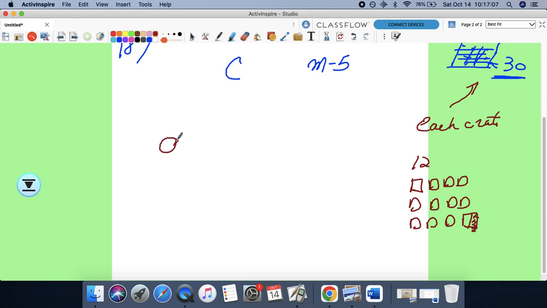So the expression is going to be G, which is the total eggs. The total eggs are the number of crates times the number of eggs in each crate. So we had 12 crates taken to the market times 30, because each crate has 30. But remember the last one is missing 5. So I'm going to multiply 12 times 30 and then subtract 5.